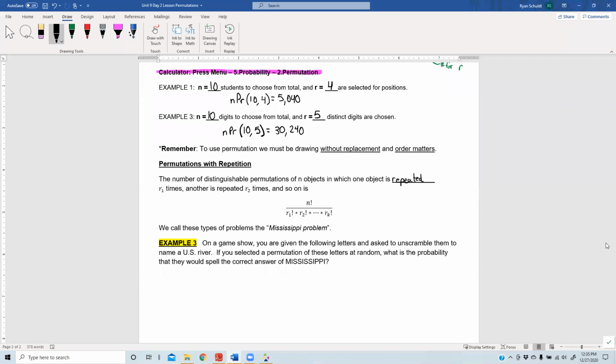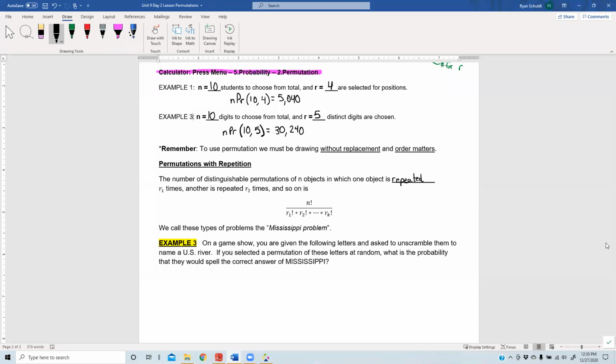When this happens, we take the total number of arrangements in factorial, but then we have to divide out the factorials of the repeats. This type of problem is typically called the Mississippi problem because of how many times each letter repeats in the spelling of the state. We've got 4 I's, 4 S's, and 2 P's.